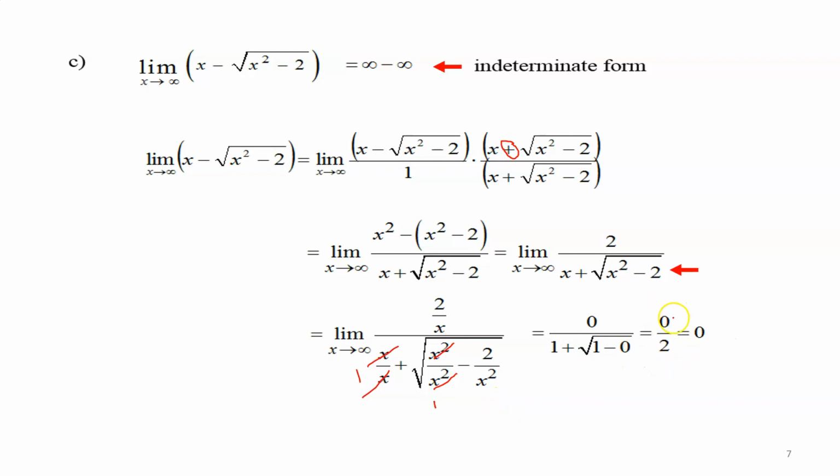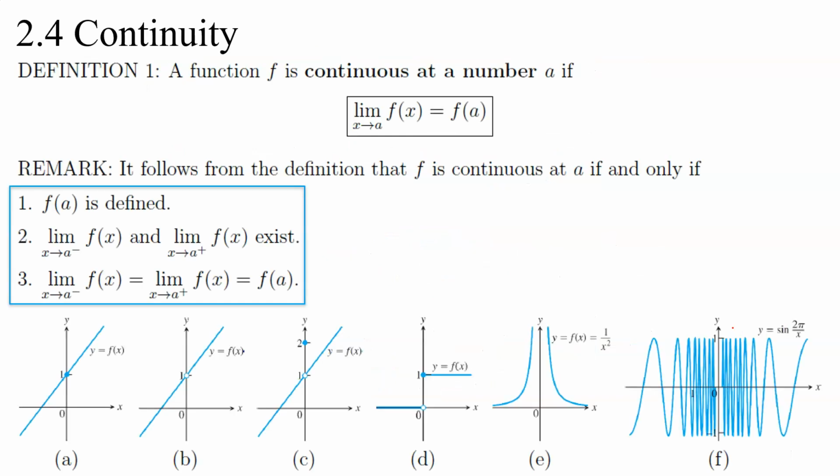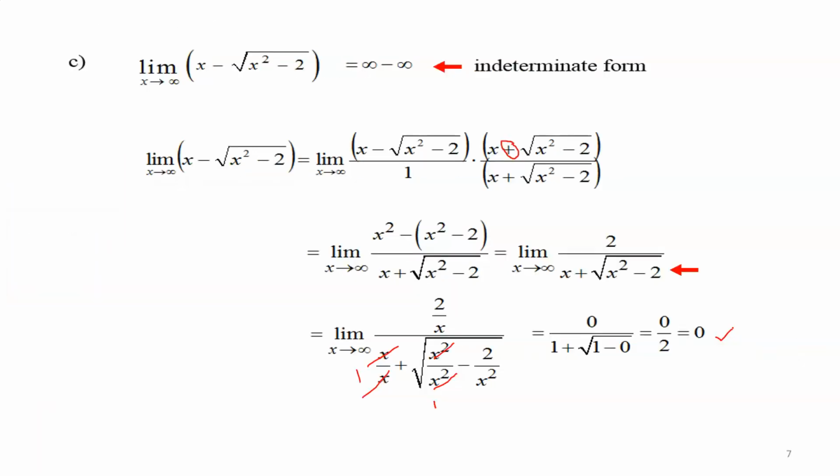So now you get 0 over 2. This one, 0 over 2, you still can key into the calculator, you get 0. But 2 over 0, you will get maths error. That's the difference. Okay. So still you get the answer. Okay, that one is limit at infinity.